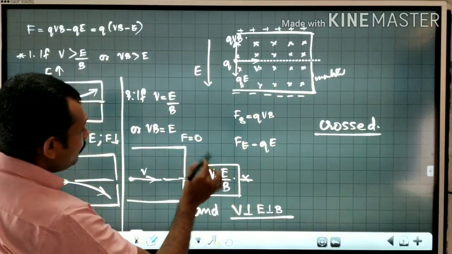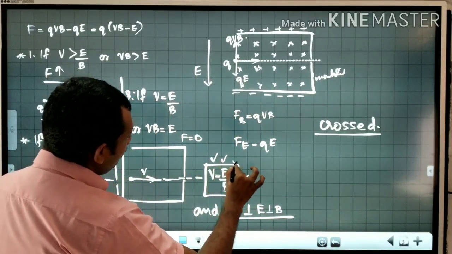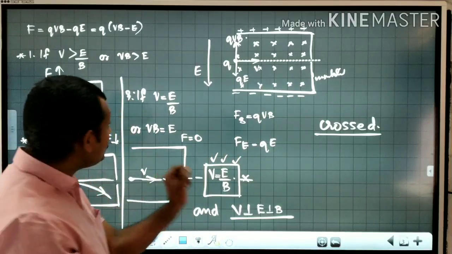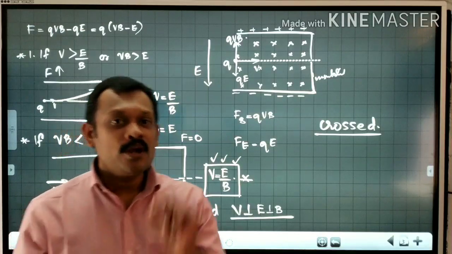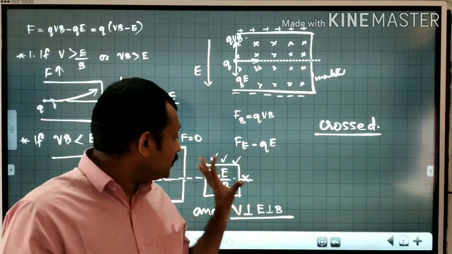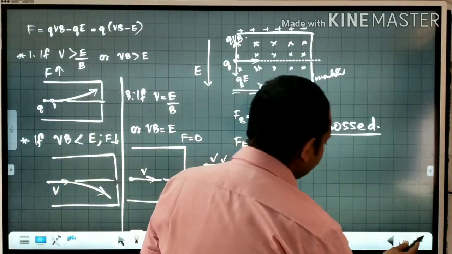This is the most important condition for a velocity selector: V is equal to E by B. You should understand this clearly.